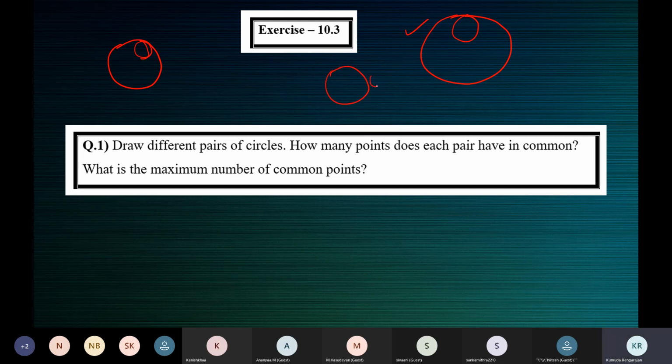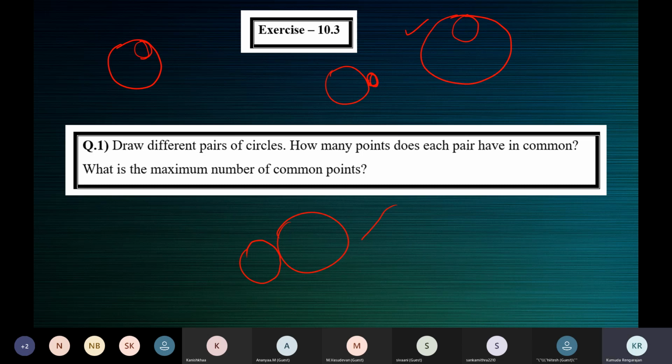These are two circles that touch each other externally. Touching circles, or circles that touch each other, have exactly one point in common. Pairs of circles that touch each other will have only one point in common.